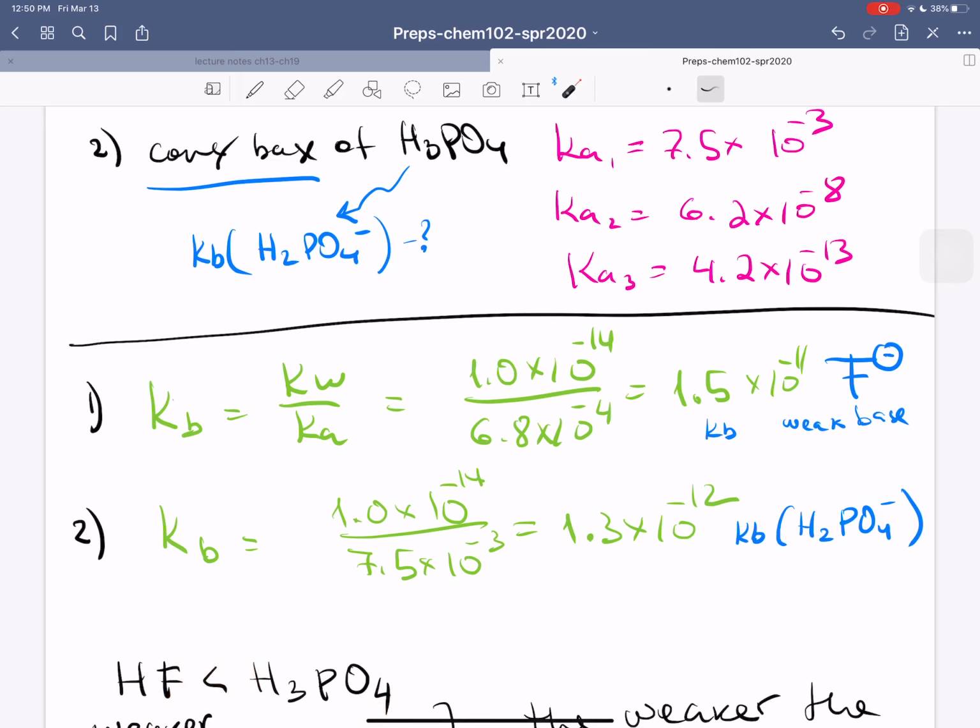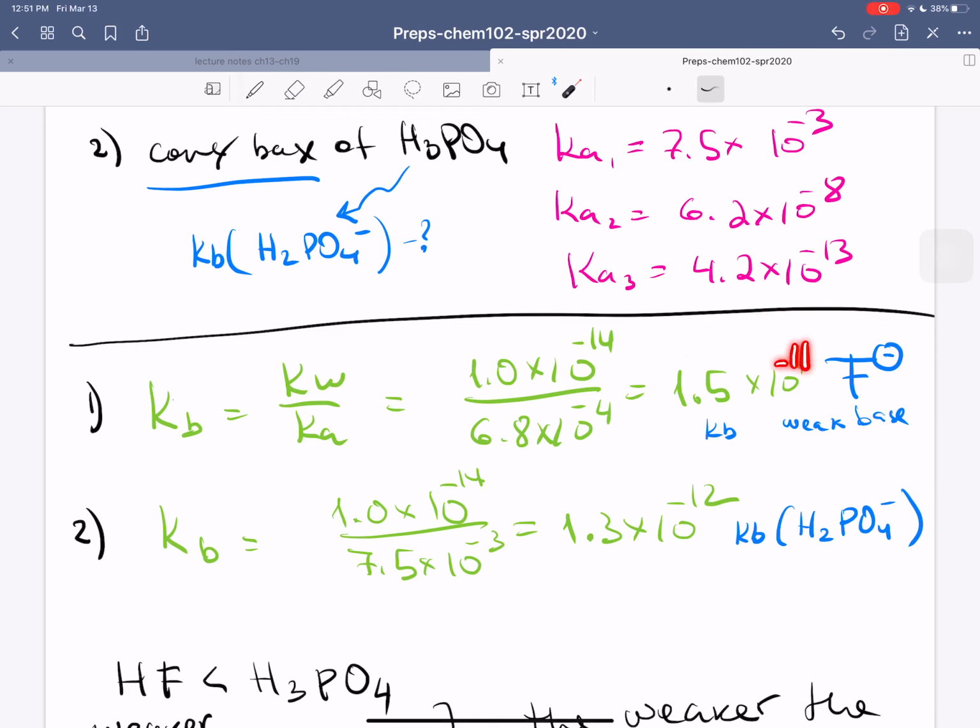But now let's compare the relative strengths of the conjugate bases. When we look at the values of the Kb, this is the value of the Kb for the conjugate base of the phosphoric acid, and this is the value of the Kb for the conjugate base of the hydrofluoric acid. So we clearly see that the conjugate base of the hydrofluoric acid is stronger.